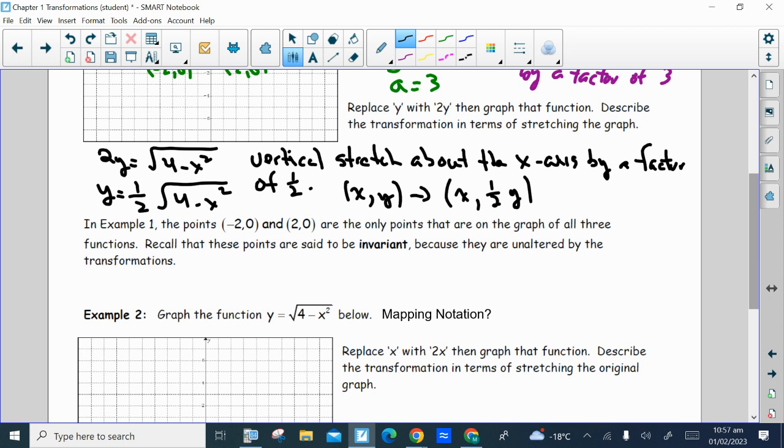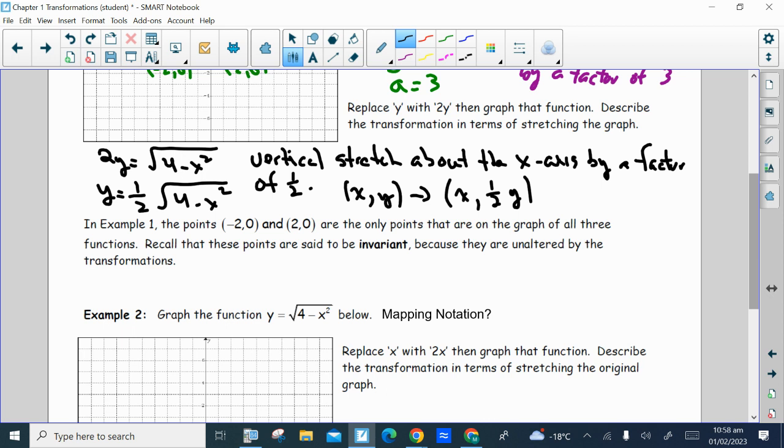Now we see that a, when it's negative, you get a reflection across the x-axis, and when the numerical value of a changes, you get a vertical stretch. And that stretch is across or about or around the x-axis. It's a vertical stretch. So a can do two different things. We never say that the stretch factor is negative.